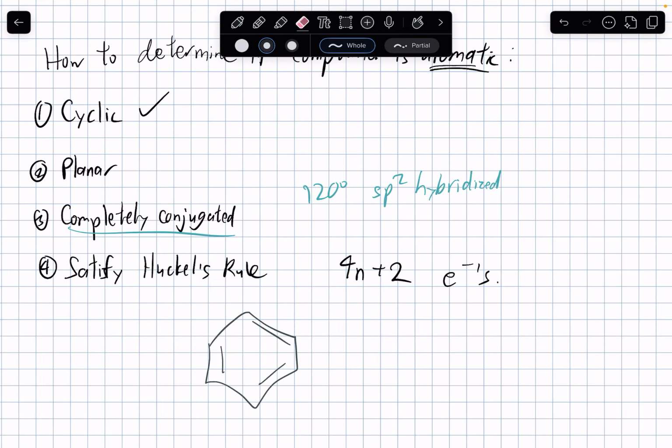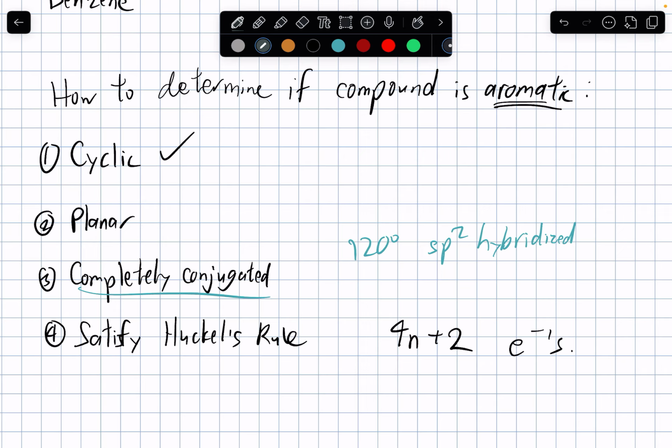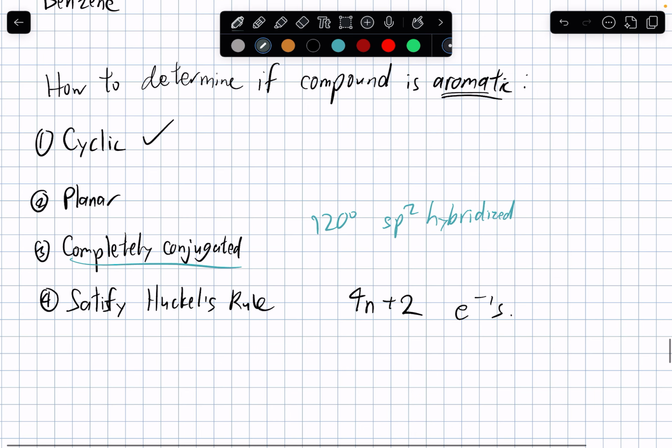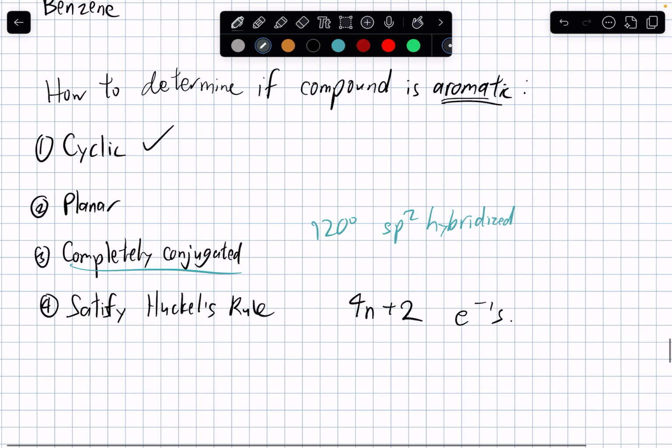Okay, so if you're trying to determine, let me give you this pro tip. If ever the compound is identified to not be completely conjugated, there's a good chance that it is not planar as well. It doesn't apply to everything, at least usually. Okay, so I hope that narrows down your selection, makes your judgment better.